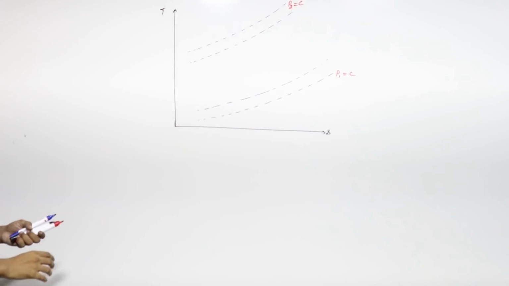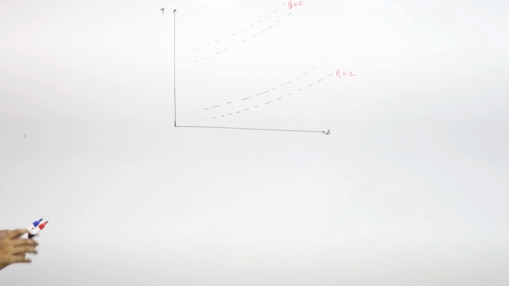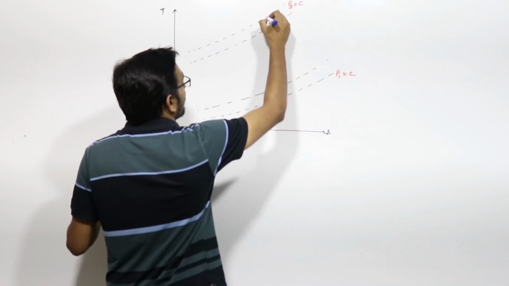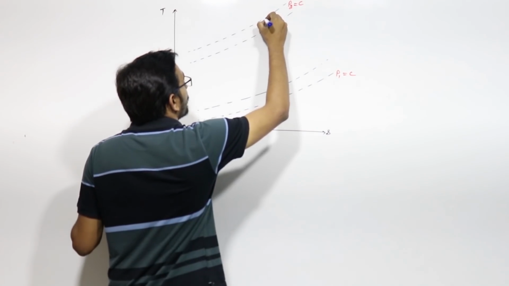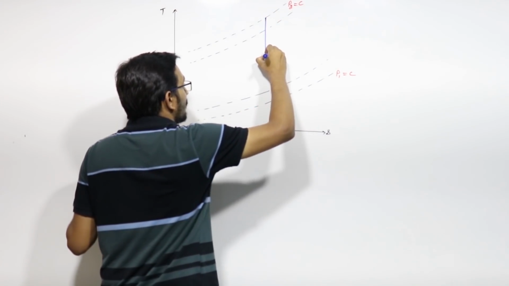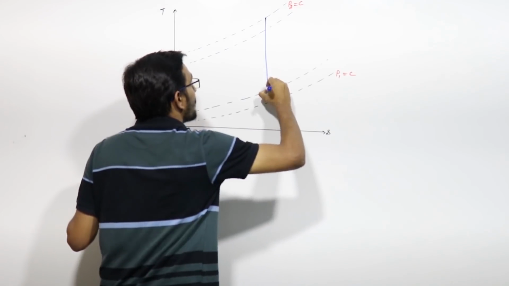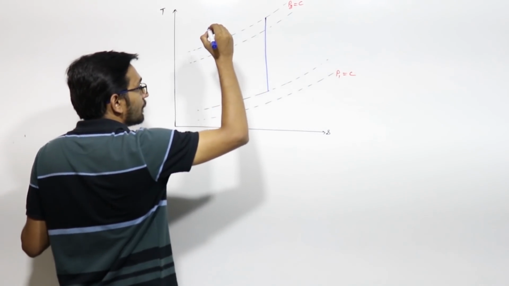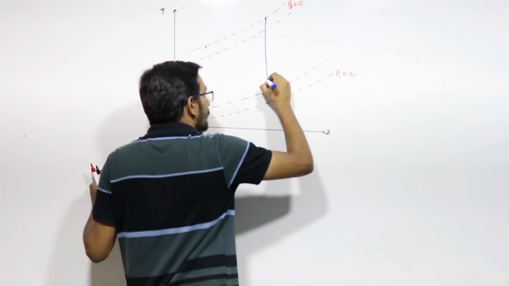I am drawing first the ideal reversed Brayton cycle. So one is the straight line, P1 up to P1 we have to draw.